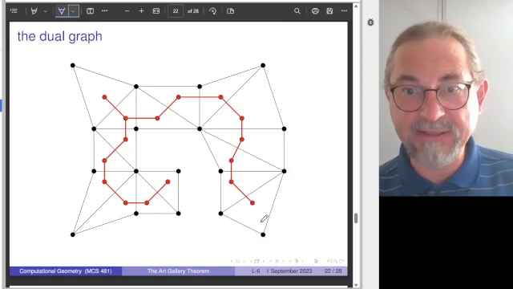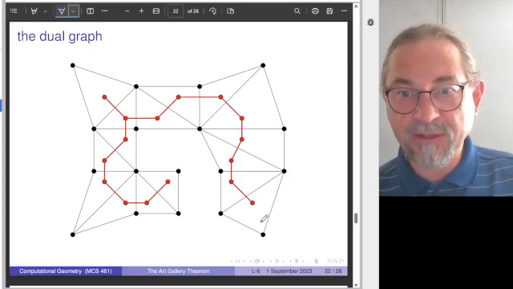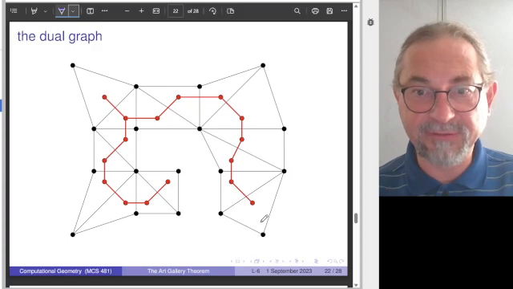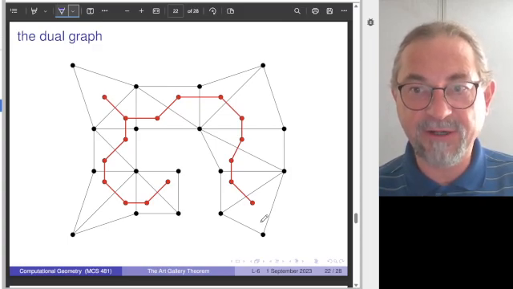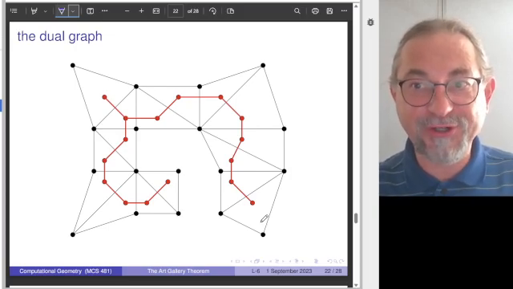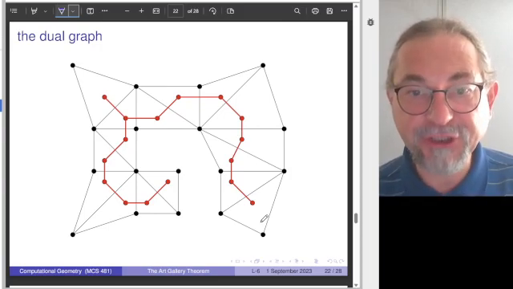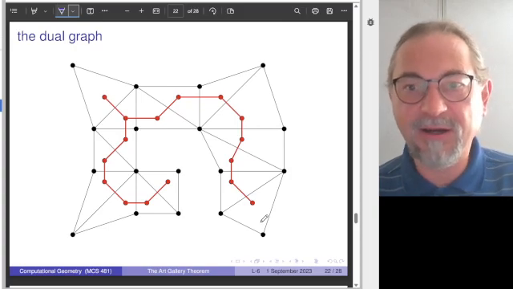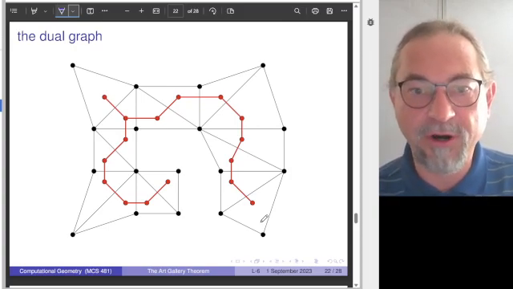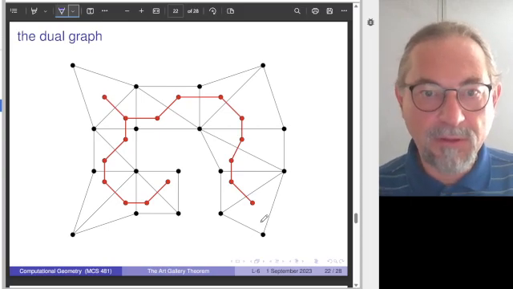So the duality is that the triangles become vertices, and what connects the triangles now are the edges that are shared. So here I drew the dual graph. Again, this is a picture definition, a picture definition that will be sufficient for the algorithm. All right.